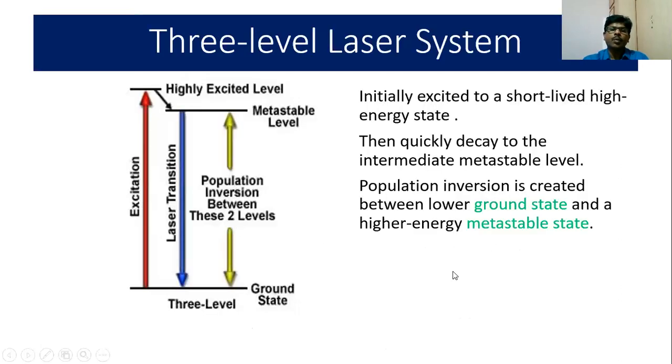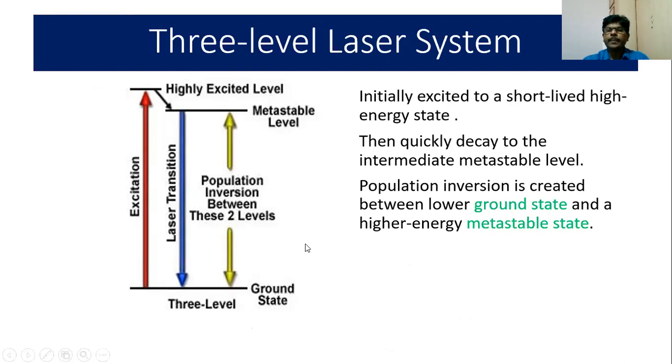We can also study what is a 3-level laser system and what is a 4-level laser system. In this diagram, you would see there are 3 energy levels, say E1, E2 and E3. E2 happens to be a metastable state. So population inversion is between E2 and E1. But remember, a large number of atoms are already present in the ground state because it is a state of stability.